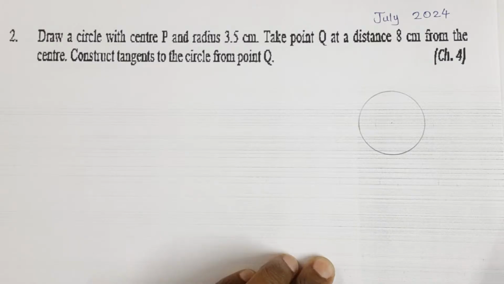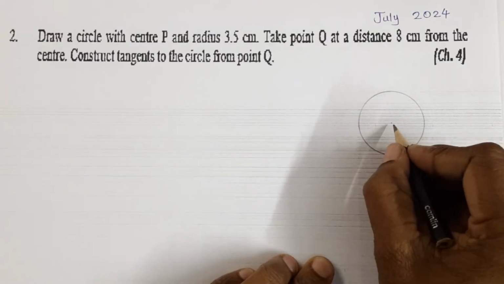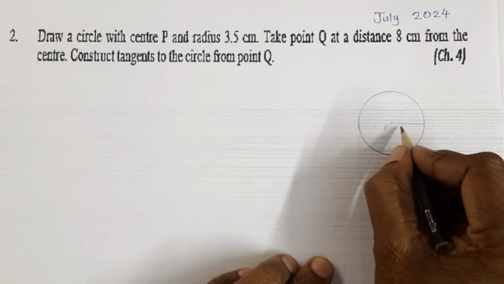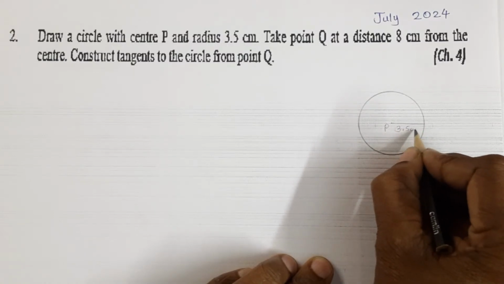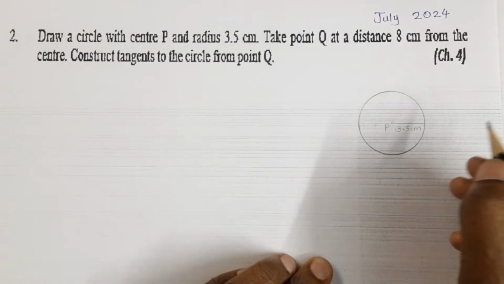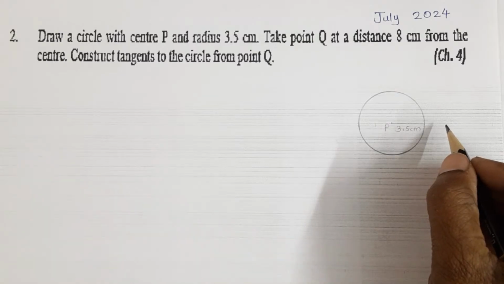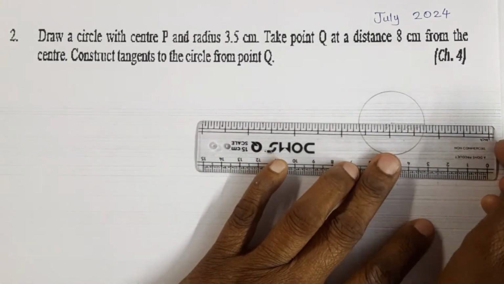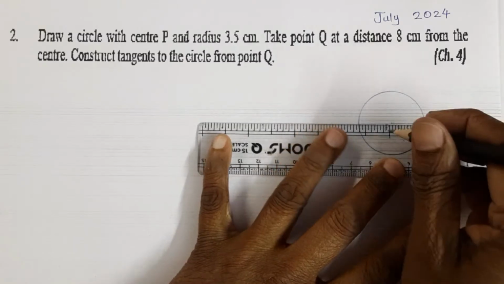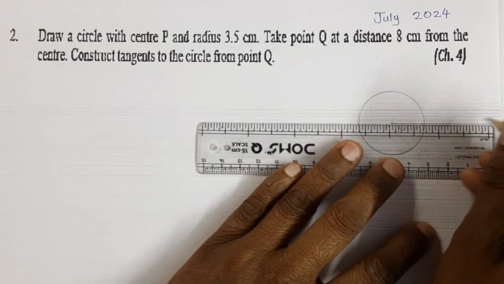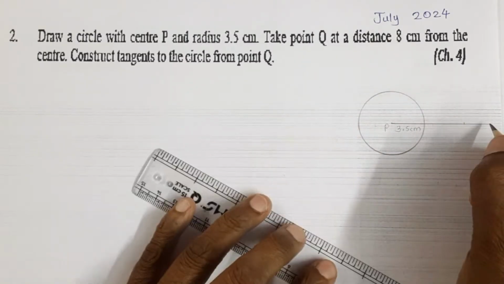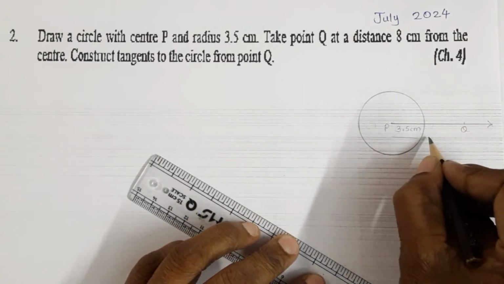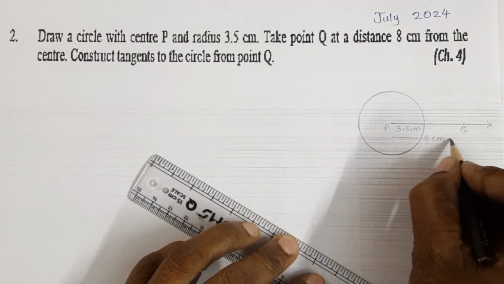Suppose this circle has center P, radius 3.5 centimeter. And take point Q at a distance 8 centimeter. So this point is Q, and this is 8 centimeter from the center.